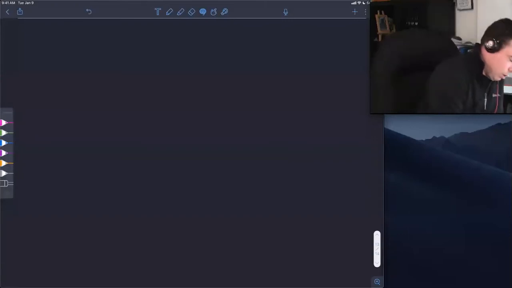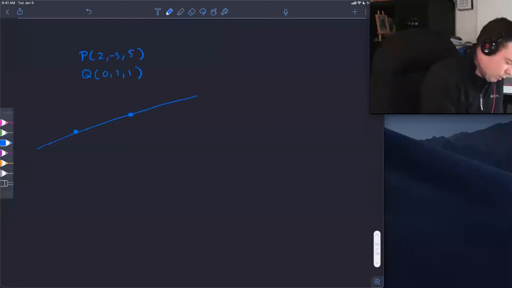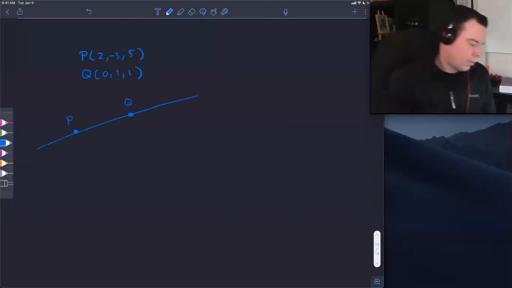So our question is, we've got our point P, which is 2, -3, 5. We got our point Q, which is 0, 1, 1. And so these are 2 points in space.